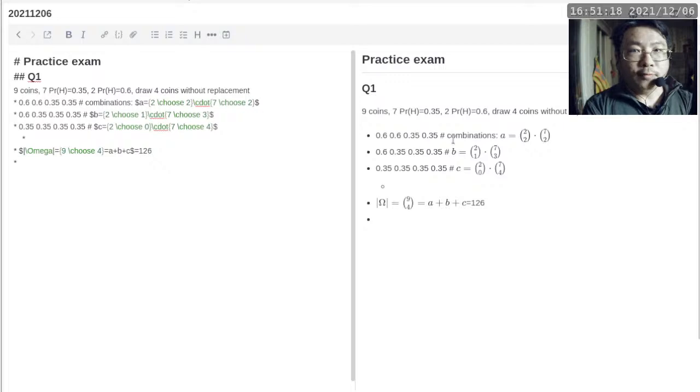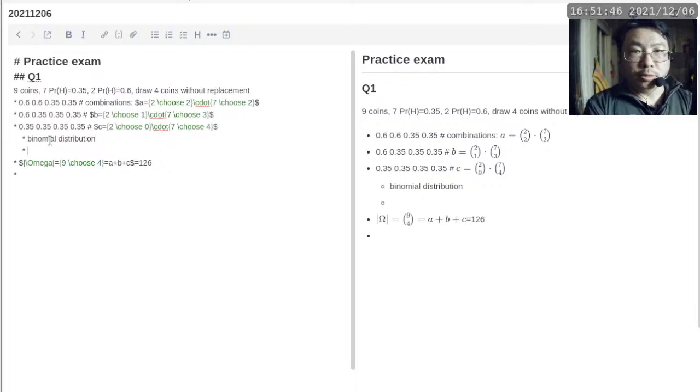The way we figure out these numbers here has to do with just regular counting, experiments without replacement, that's combination, where ordering is not important. So now with the subpoint here, we are looking at binomial distribution, and this one is the easiest because all the coins have exactly the same probability.